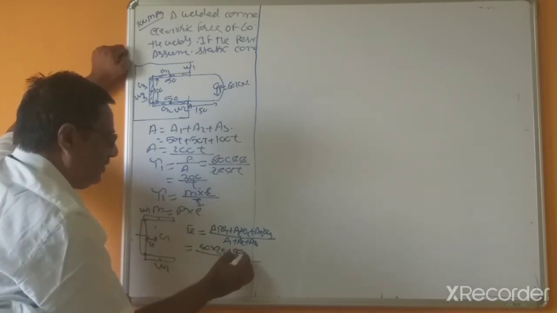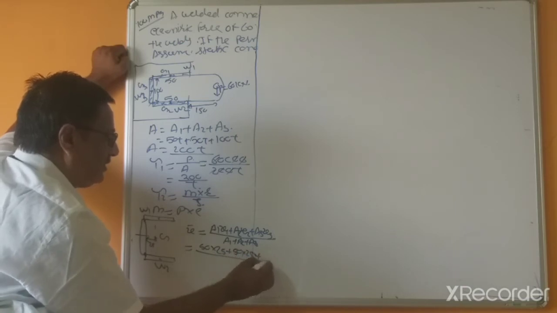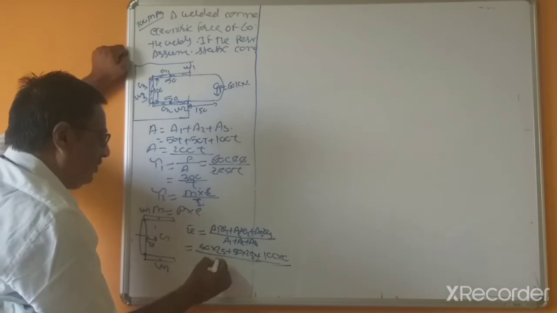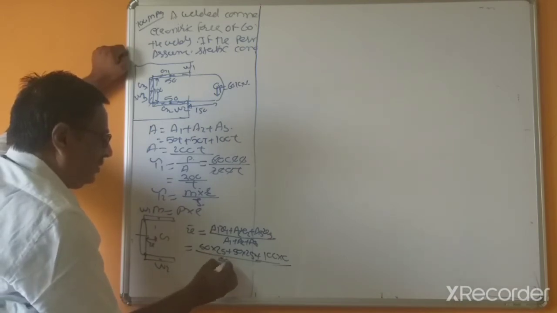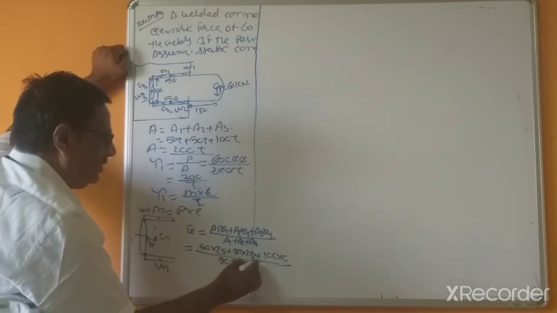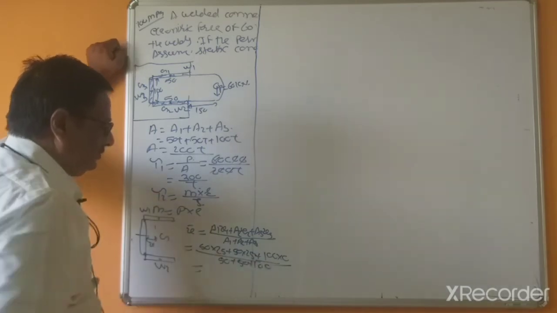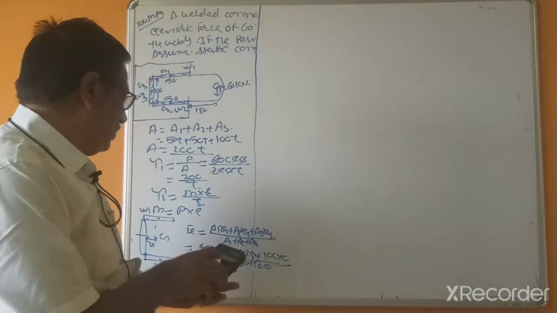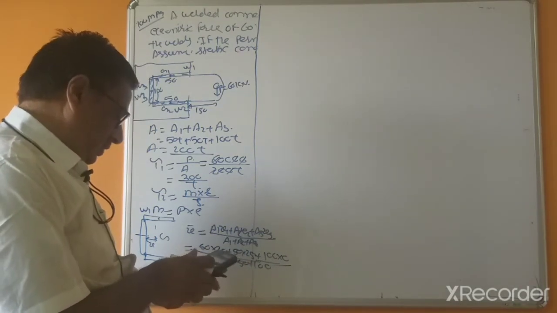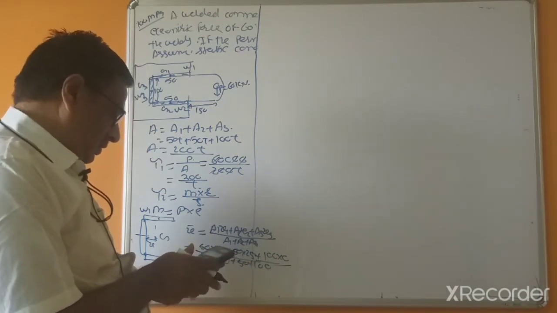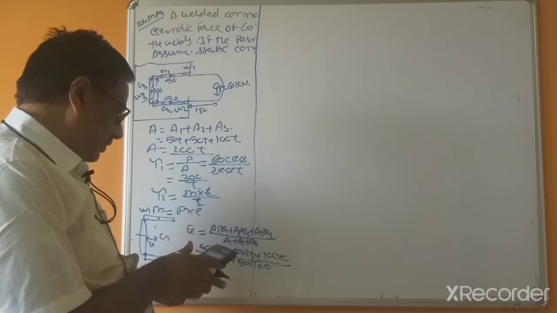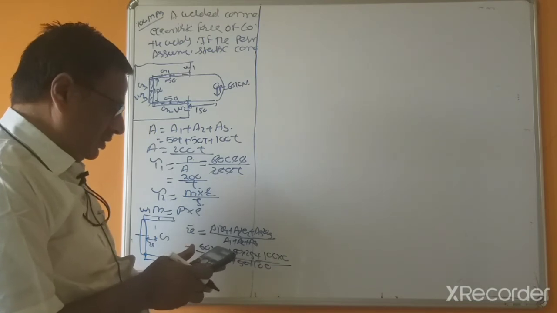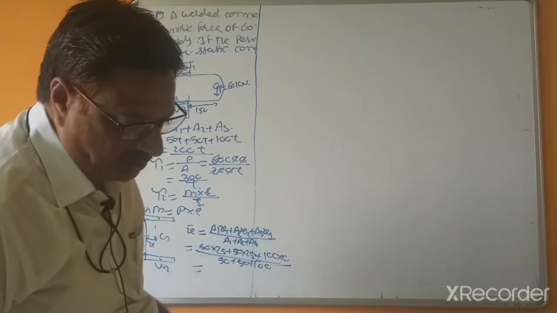Again this is 50 multiplied by 25 plus 100 multiplied by distance 0, divided by 50 plus 50 plus 100. Two into 50 multiplied by 25 divided by 200 is 12.5.